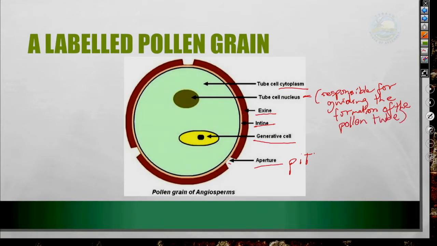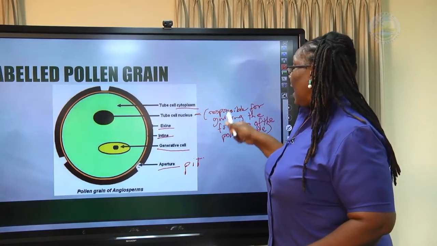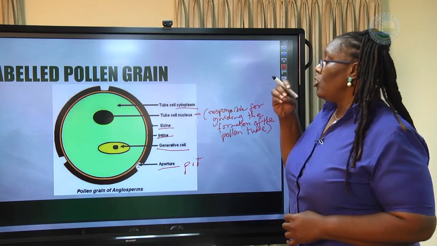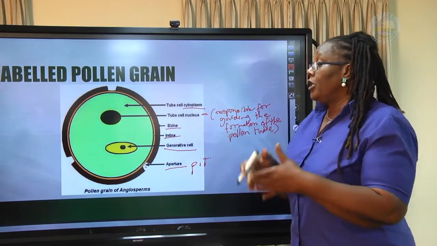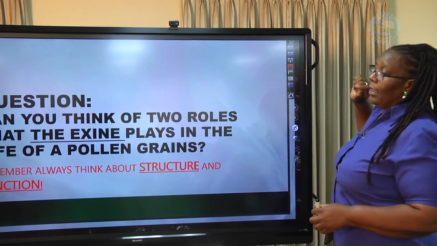Excuse my handwriting, but it's getting better. It is responsible for guiding the formation of the pollen tube. So this nucleus directs the pollen tube down through the style. Okay? Question.